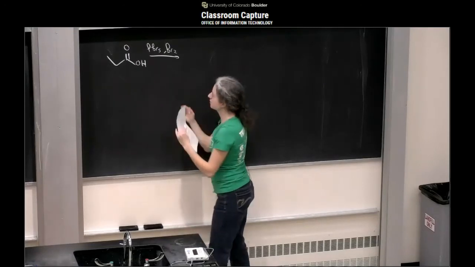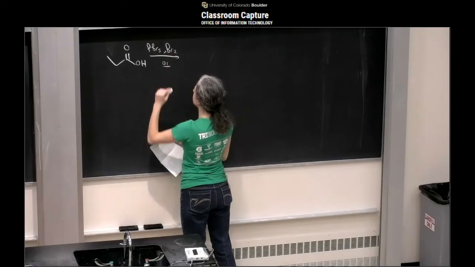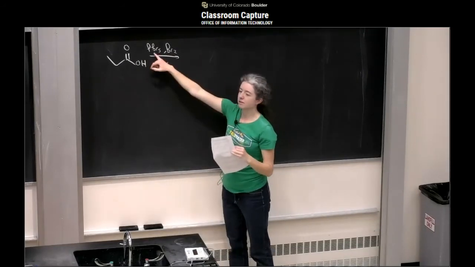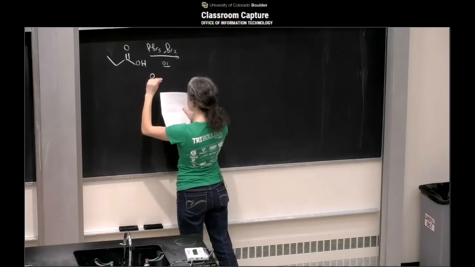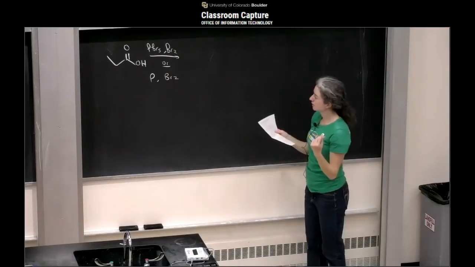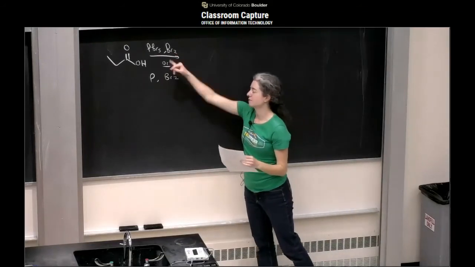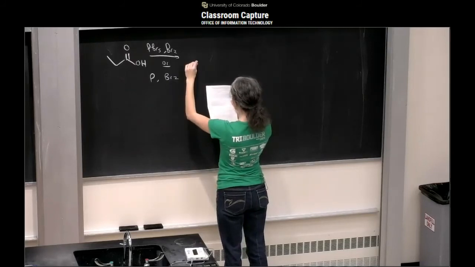So you can either bring in PBr3 and Br2, or you can actually just make PBr3 in situ by adding straight up phosphorus, which is very nasty stuff, and Br2, which combine to make the same stuff up here.